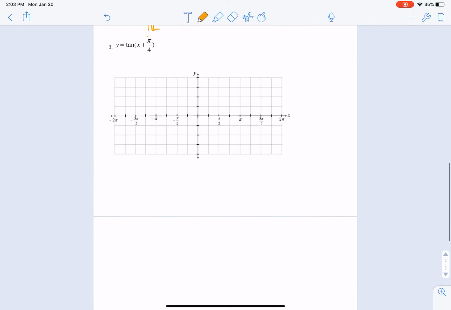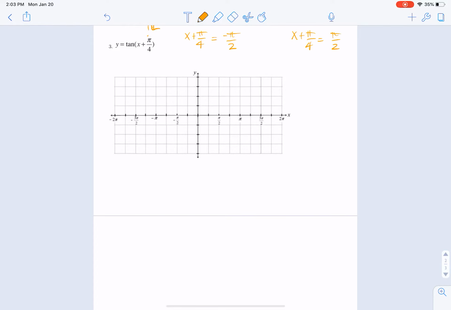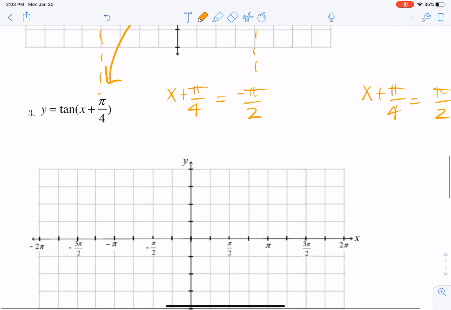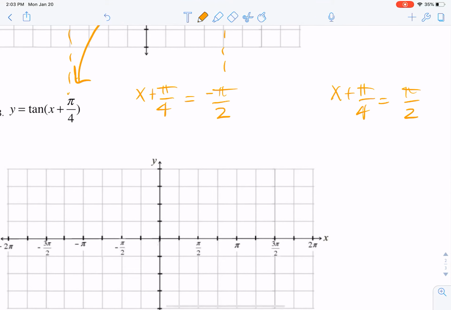So let's go ahead and do another one together. So I'm going to take my x plus pi over 4 and set it equal to -pi over 2, and x plus pi over 4 and set it equal to pi over 2. So I'll zoom in here so I can solve. I'm going to subtract pi over 4 from both sides.